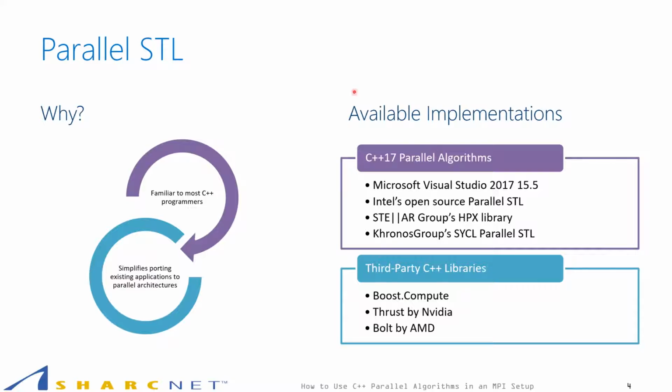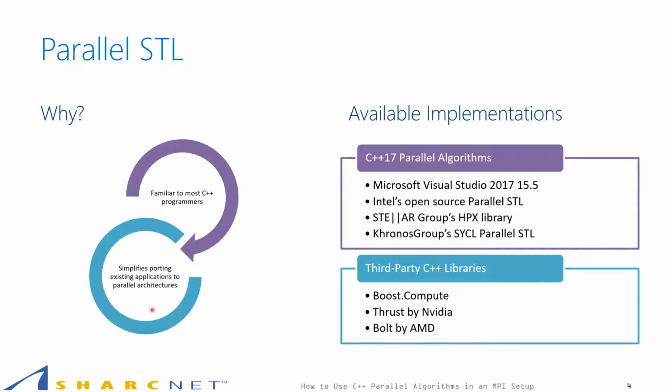So for a long time, there was an interest in the inclusion of parallel versions of STL algorithms into the library. You may ask why. Because the standard interface used in STL algorithms is familiar to most C++ programmers.